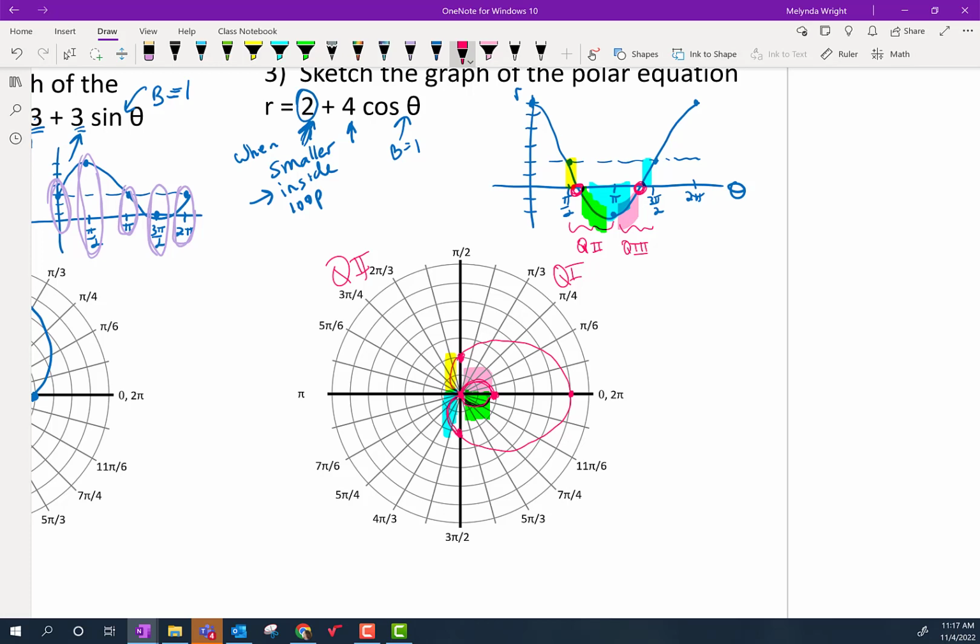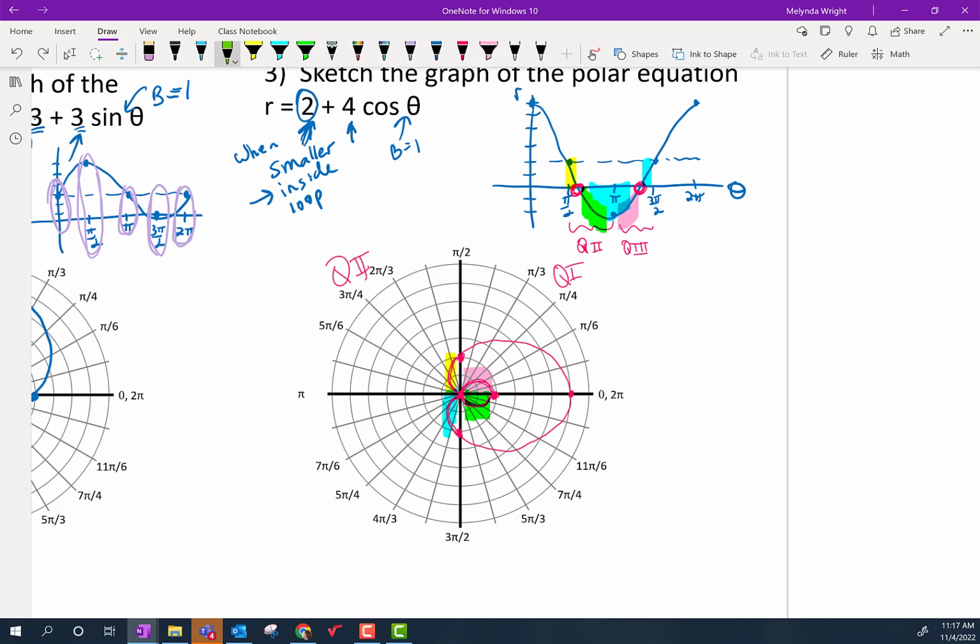So what are we doing? We are making sure that we go through the origin. So the outside of this figure looks like a cardioid, doesn't it? If you just focus on the outside, I'm just going to trace that outside. Not a good color, well, green, I guess.